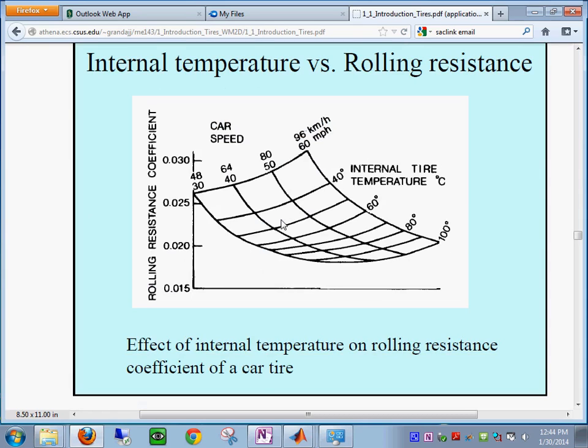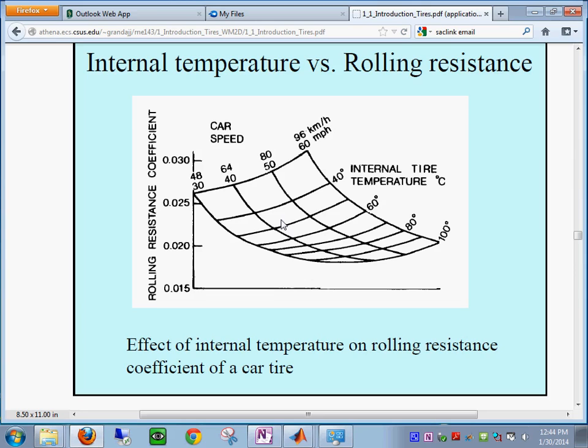Talk about the internal temperature of the tire versus the rolling resistance. This becomes a very common topic of conversation during the NASCAR races, because you hear in the commentary that the temperature of the tire has a lot to do with how the car handles, and sometimes the announcer says he's coming in to get 4 fresh tires.